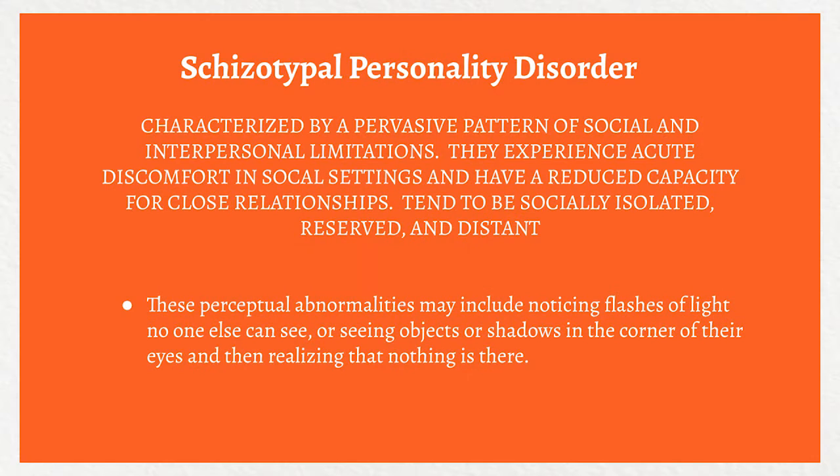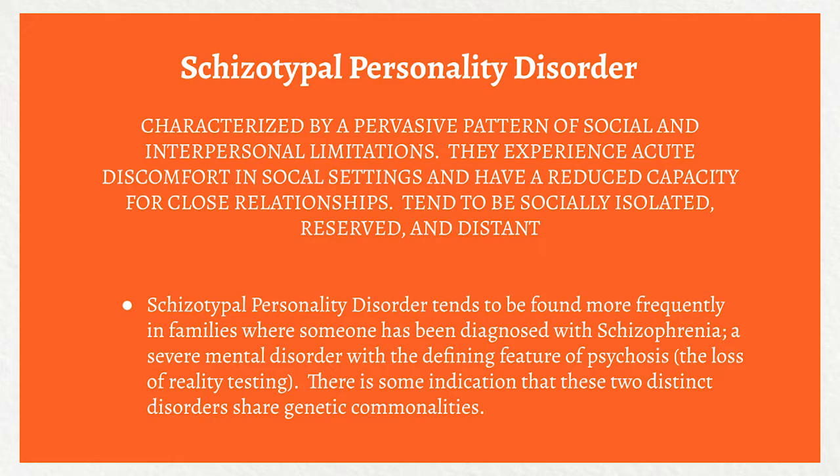Again, looking at the graphic, perceptual abnormalities may involve flashes of light, seeing shadows, and then realizing that there's nothing there. Odd beliefs, a lot of superstitious beliefs and fantasies. And often, not always, but often it can be seen in families where someone in the family may have had a diagnosis of schizophrenia, a little bit more frequently.